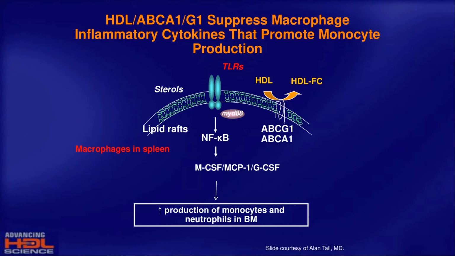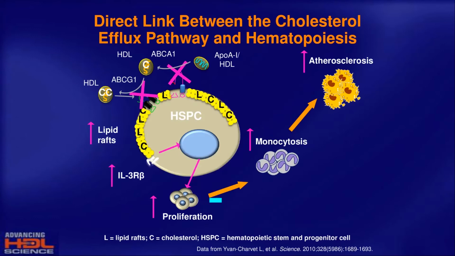We know that HDL, partly through the role of ABCG1, is involved in monocytosis, and the pioneering work of Alan Tall, the longstanding work from his group, showing that HDL is involved in this pathway, and dysfunctional HDL may be characterized by high total white blood cell count and higher concentrations of mononuclear cells.